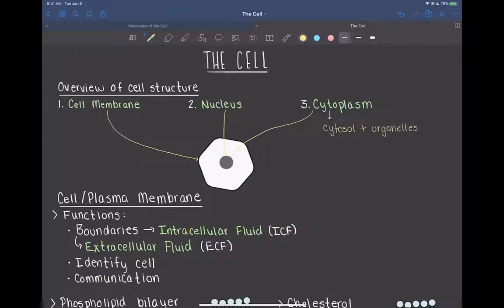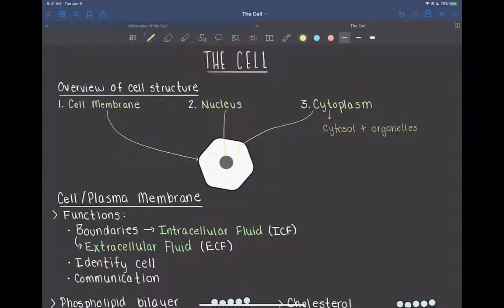A lot of times cytoplasm is used when someone actually means cytosol. Cytosol is the actual fluid inside of the cell, whereas the cytoplasm includes that and all of the organelles we're going to talk about. So basically everything from the nucleus to the outer edge of the cell, to the membrane, is all cytoplasm.